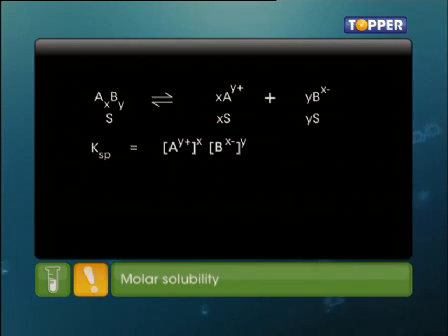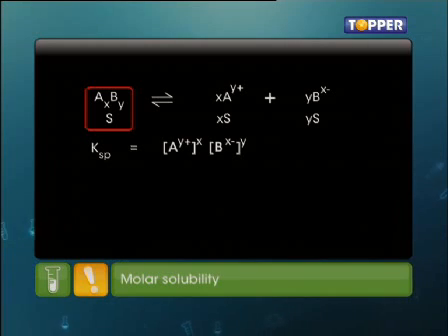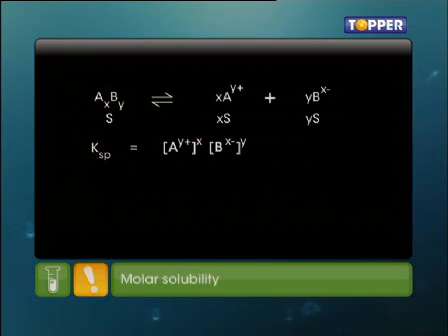According to this explanation, since the solubility of AxBy is S, the concentration of A^y+ becomes xS and the concentration of B^x- becomes yS.